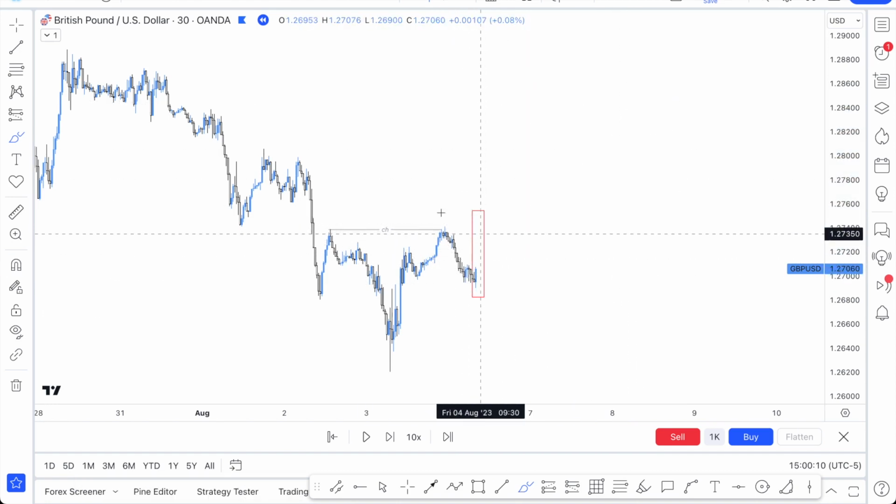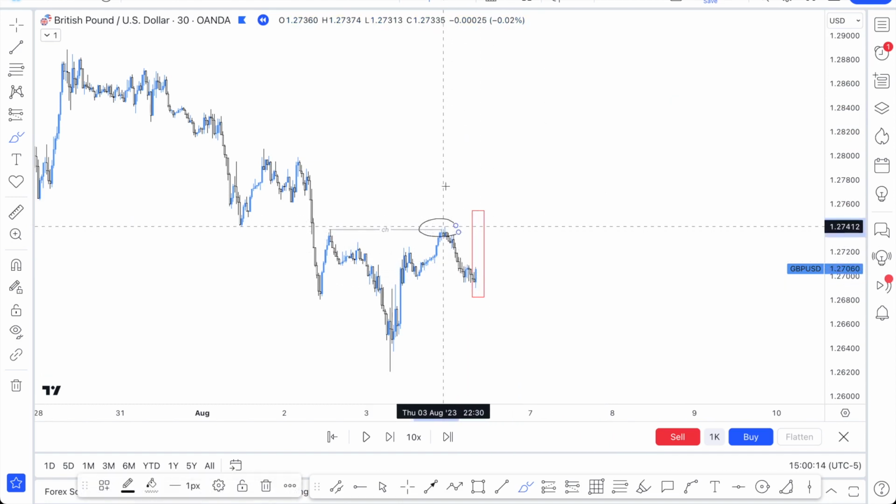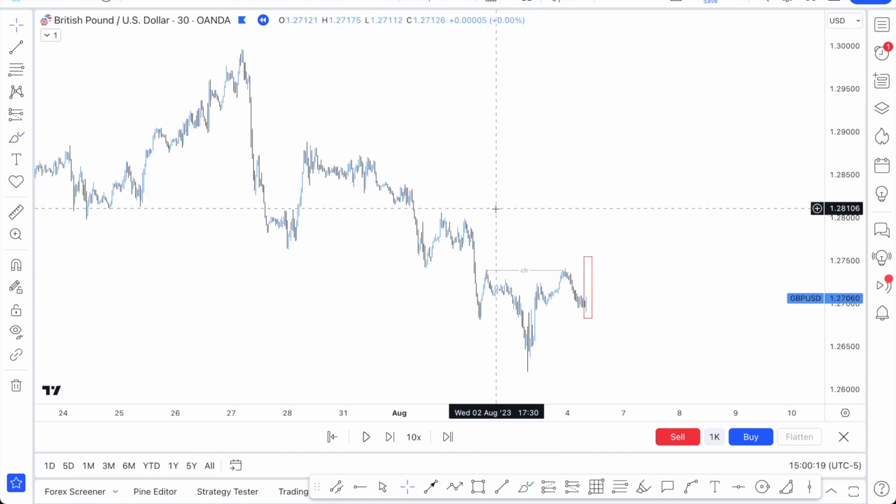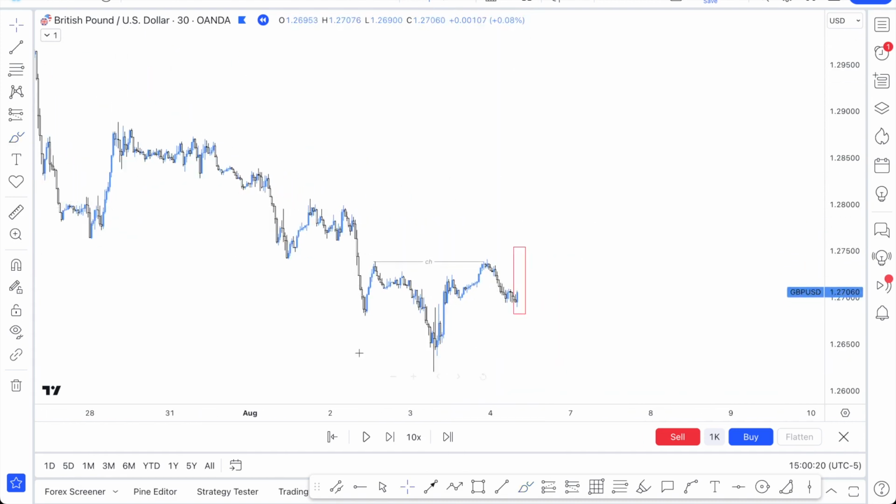If that was the case, then this would be too easy, right? So this could also be a liquidity sweep, which we can talk about later in another video.